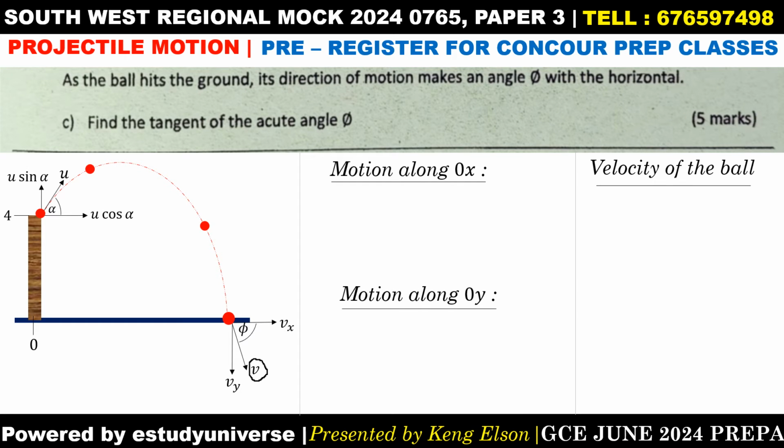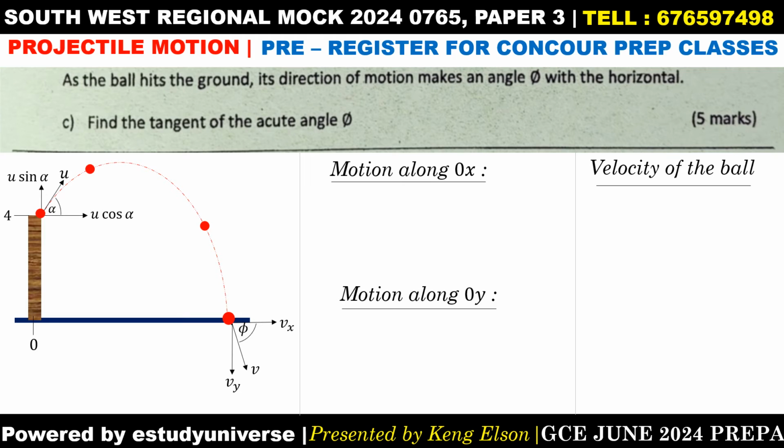The velocity will be in this direction, and it's going to be making an angle of phi with the horizontal. So the final velocity, we have a vertical component, and we also have a horizontal component. So from there, I think we can pick up from there, and we analyze motion in the vertical direction and also in the horizontal direction.